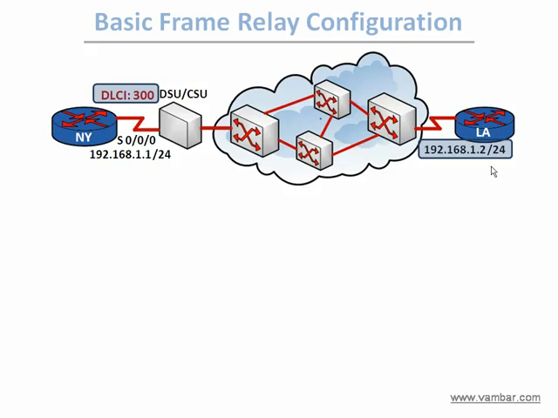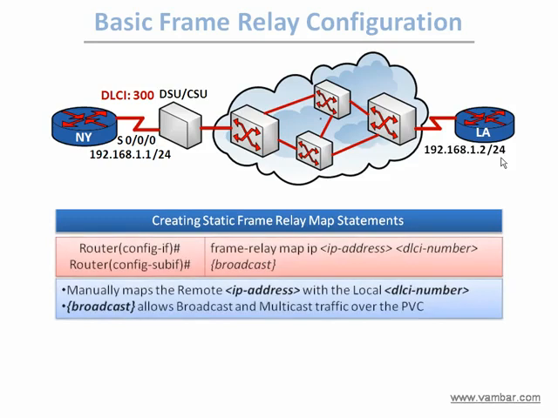This is where, luckily, the command frame-relay map ip remote-IP-address local-DLCI with the keyword broadcast comes into play. This command allows us to create a static mapping entry between our local DLCI number and the remote IP address, and with the keyword broadcast it will allow us to control whether or not we want broadcast and multicast traffic to pass over the PVC.